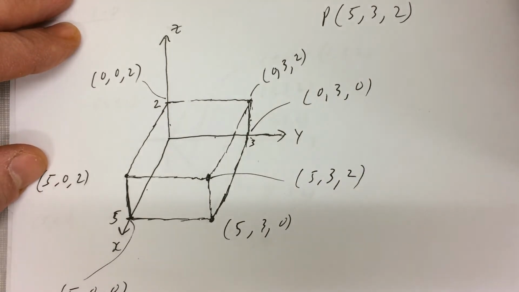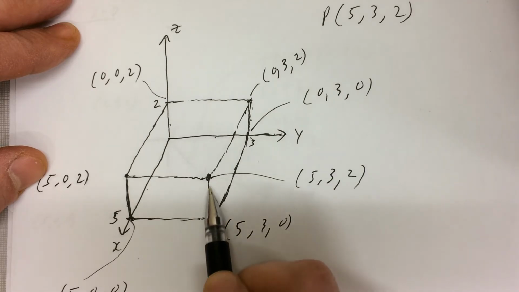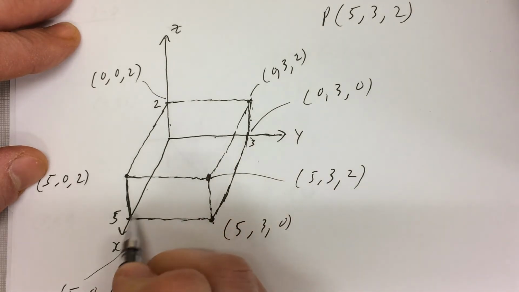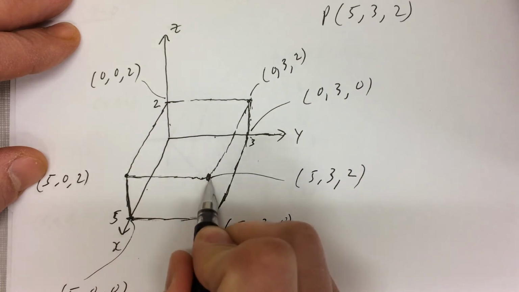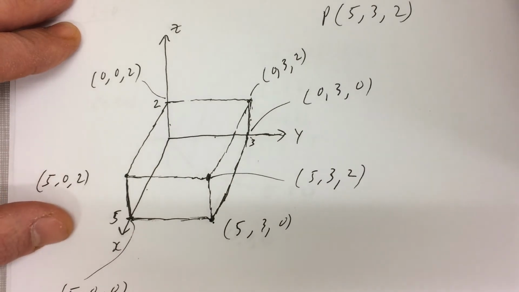It can be done much quicker. You could just go 5 on the x, make a line from there across to 3 on the y, and then up parallel to the z-axis 2 units. So really you only have to make this line and this line to get that point. But to visualize where it is, it's nice to see the rectangular prism. Okay, so that's the point.